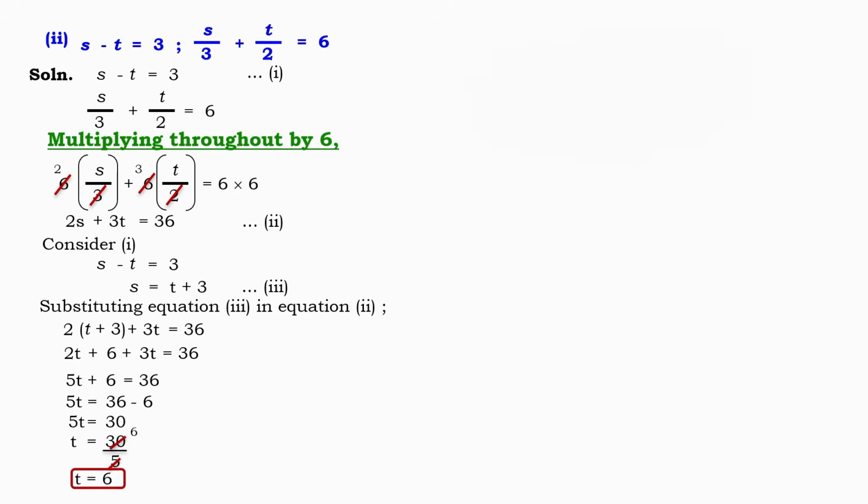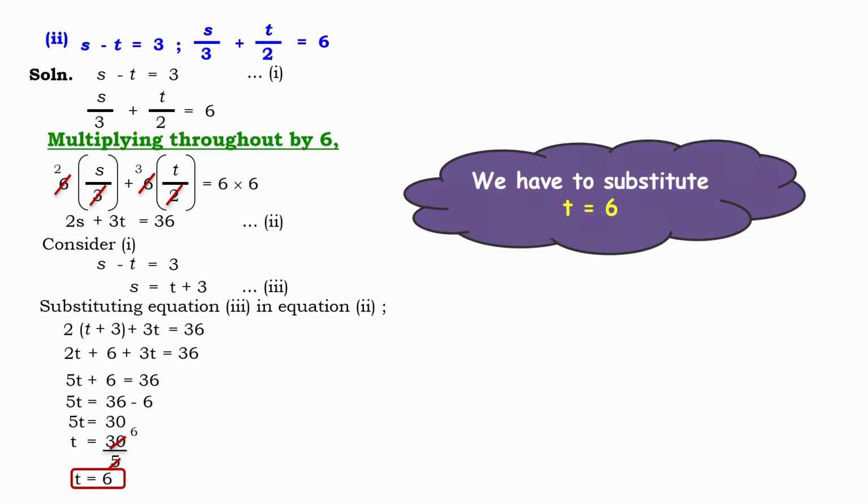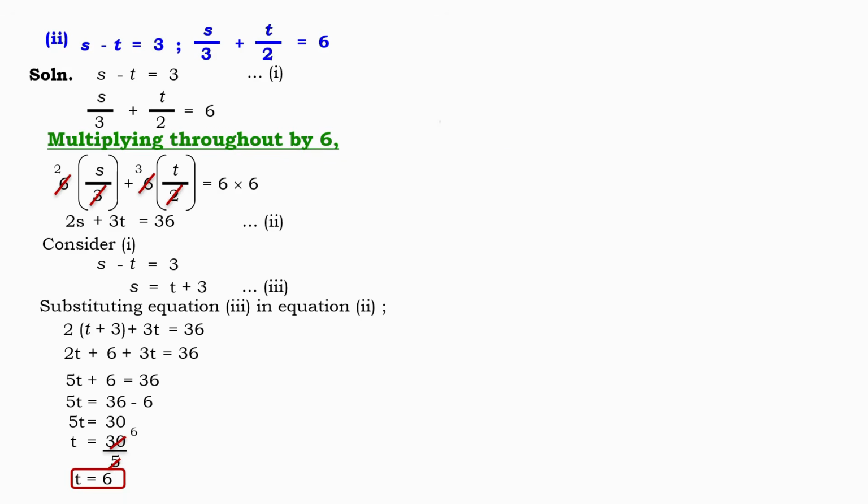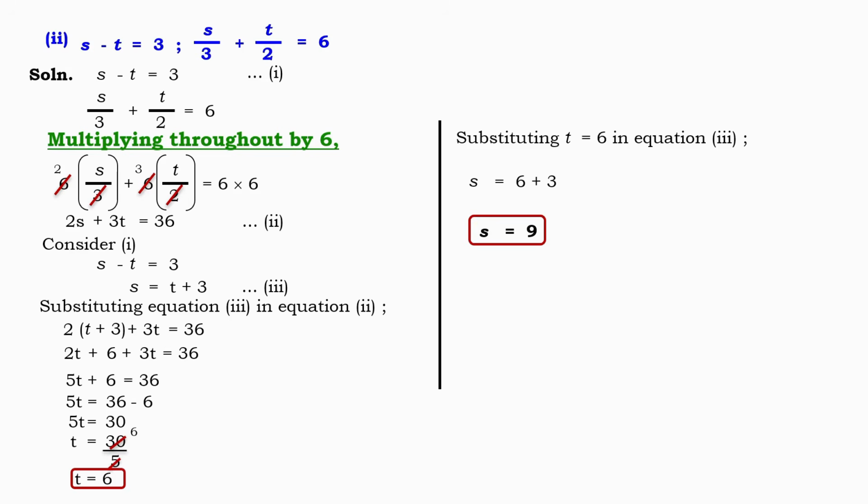Now substitute t equals 6 into equation 3. Equation 3 is s equals t plus 3. So s equals 6 plus 3. Therefore, s equals 9. Hence, the solution of the pair of equations is s equals 9 and t equals 6.